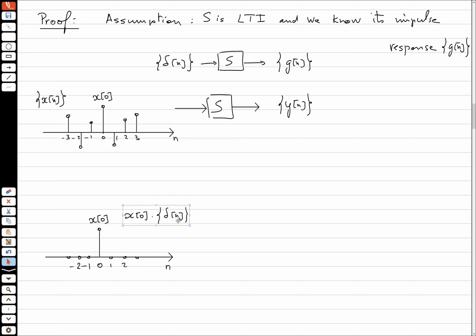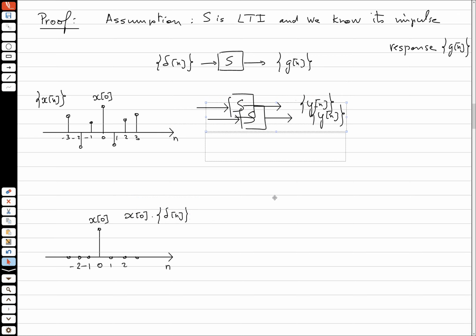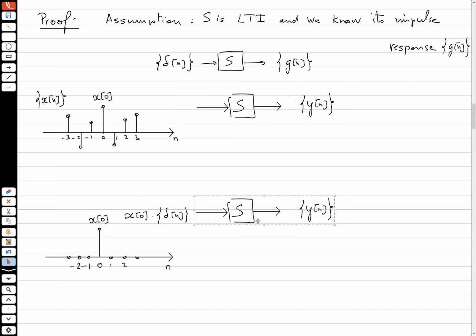Now, suppose you input this into the system. Can we predict what is going to be the response? Do we have the information to predict the response? And what is it?